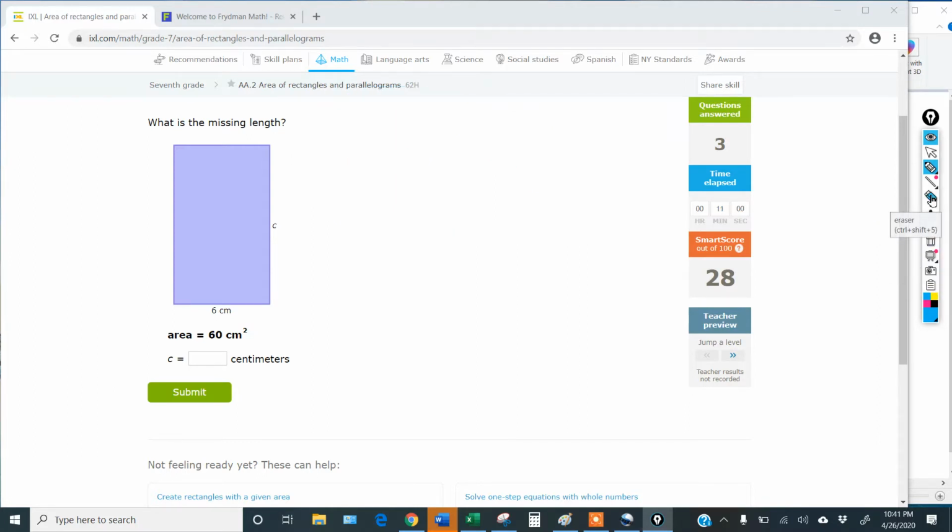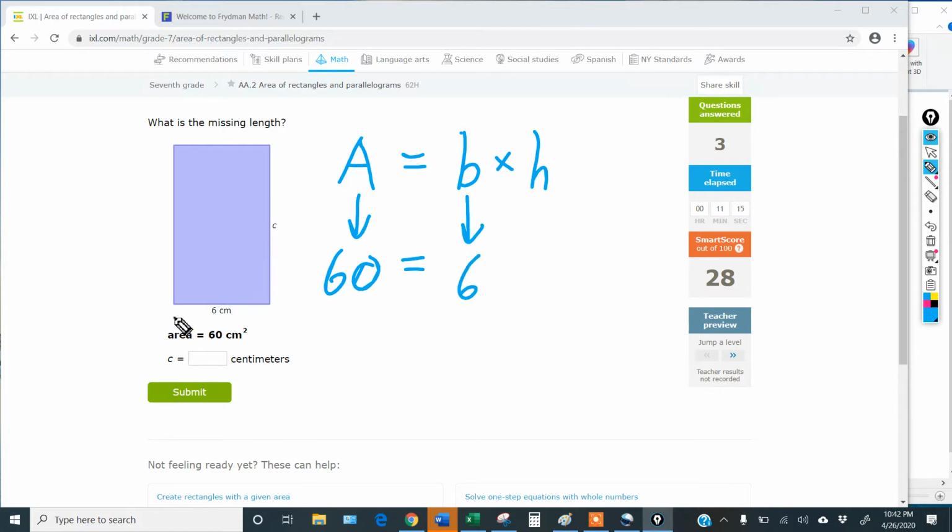So, whoops, oh boy. There we go. Okay, so the area is 60 centimeters. The base is 6 centimeters. And the height is C centimeters.